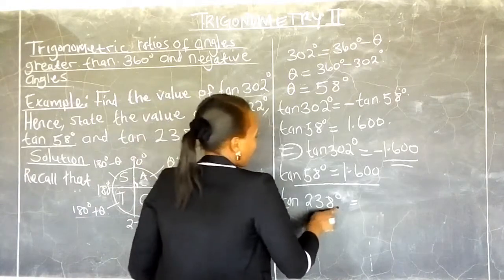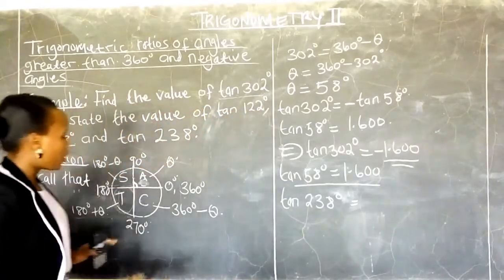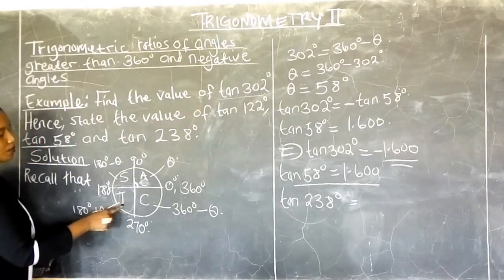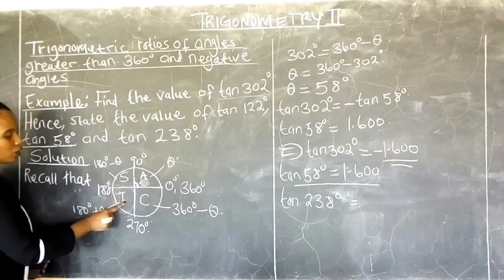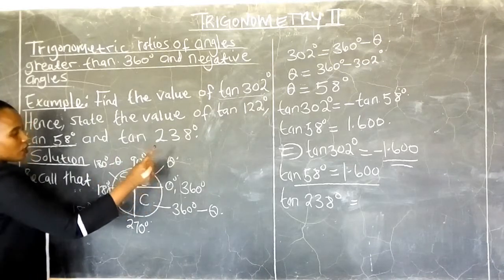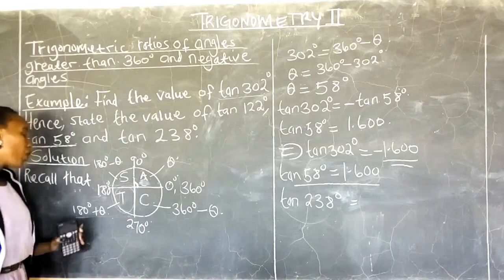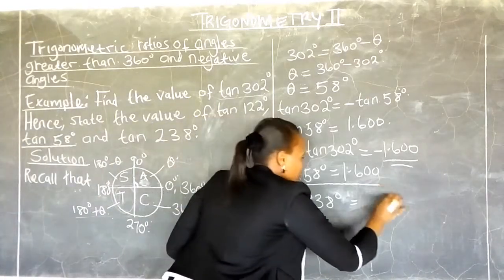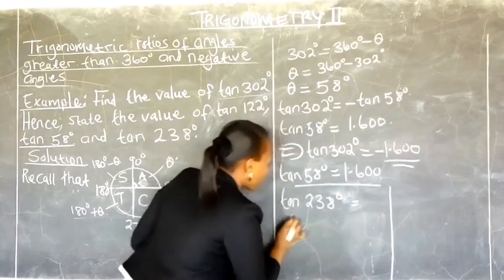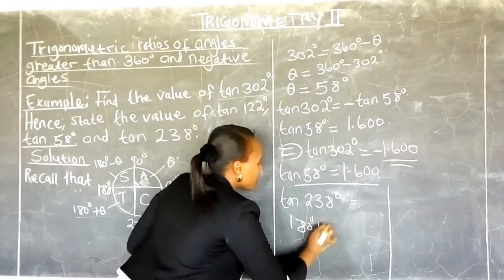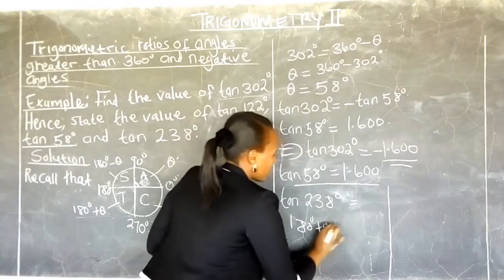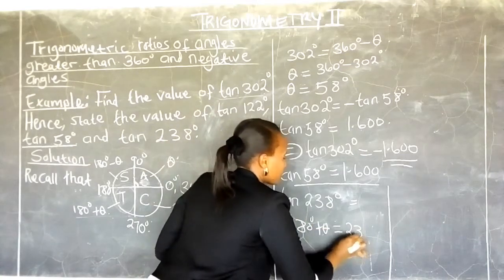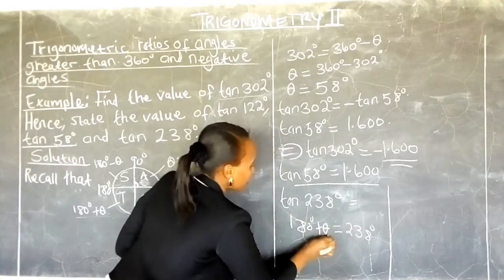So to get any angle in the third quadrant in relationship to this acute angle theta, we take 180 degrees plus that theta we don't know, giving us 238 degrees. So what is theta?